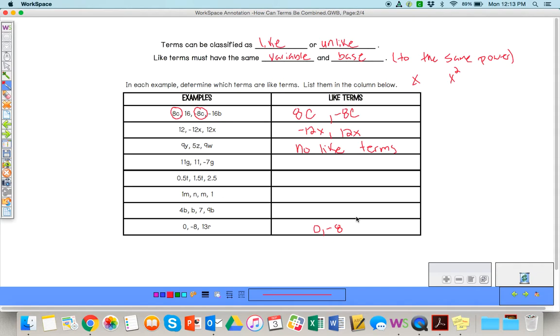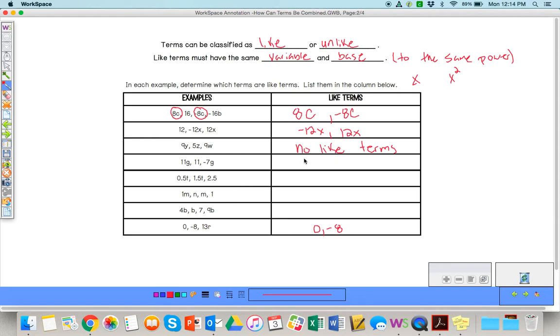Okay. So I said that the letter is what makes it a like term. So both of them have C, both of them have X, okay? But if there's two numbers there and neither of them have a letter, then they have the same letter. They don't have one. So that makes it a like term also. Okay? So I want you to try these 4 on your own. Pause the video.